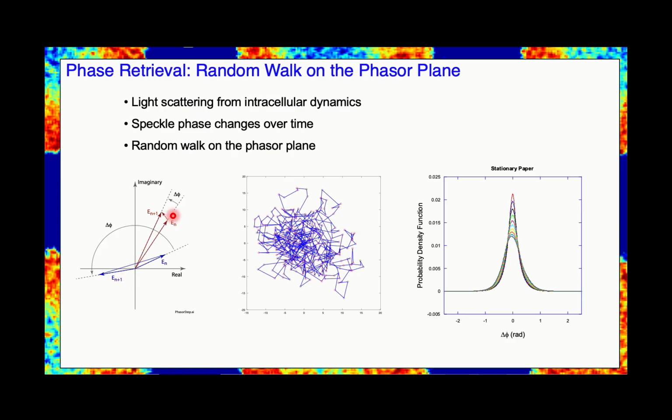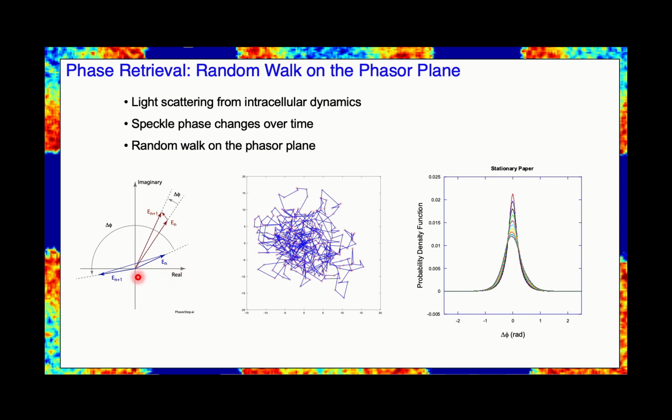So a pixel will have a phasor value and it's going to be performing a random walk on the phasor plane because of the dynamics inside of the tissue. But it's not a one-to-one. There's a transformation of the random walk motion in the tissue to the random walk phasor on the phasor plane. And so it's not one-to-one. We have to actually understand what that transformation is.